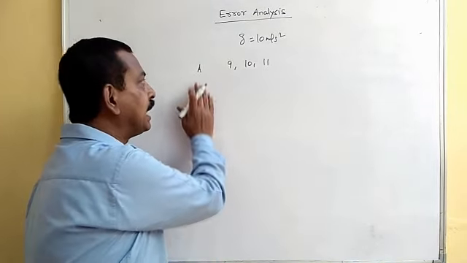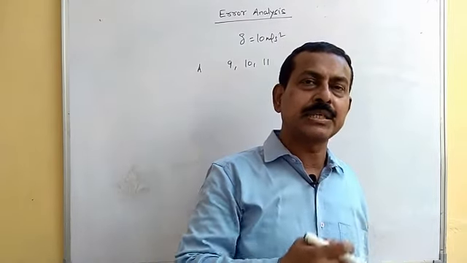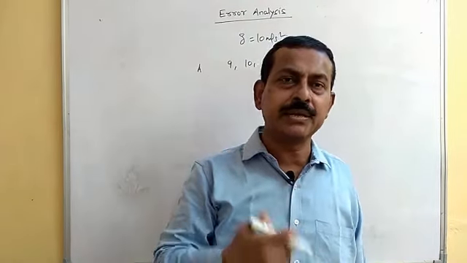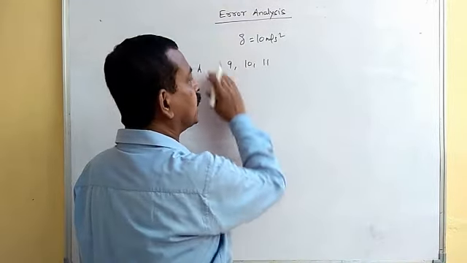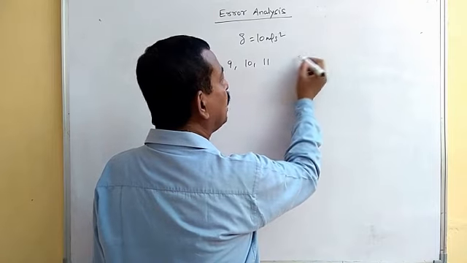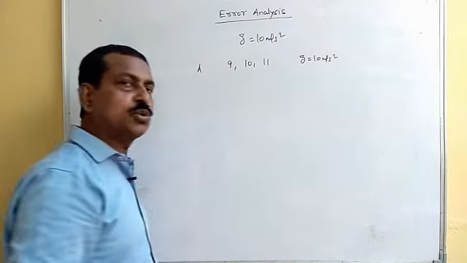That means student A got the value as 9 meter per second square in the first, then 10, then 11. So his final result by taking the mean value will be 10 meter per second square.